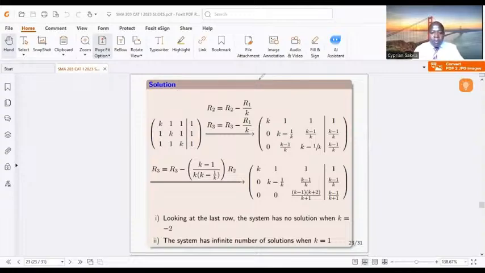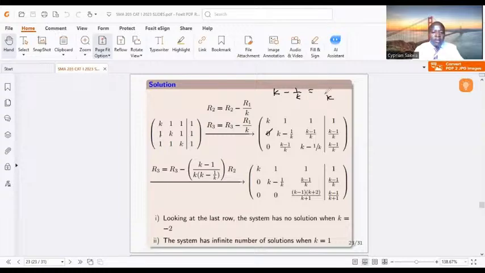Now, we just do that. The first row remains what it is. Then multiply this by 1 out of k, I'll have a 1. Subtract from this, I have a 0. Then the second element, k minus 1 out of k times 1.